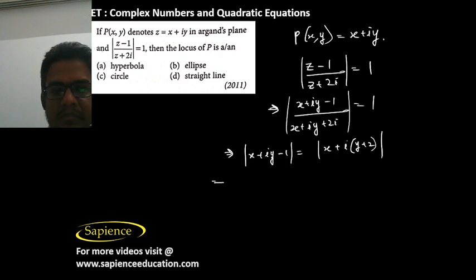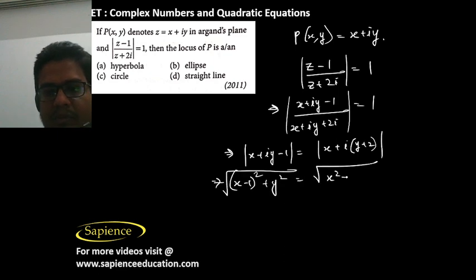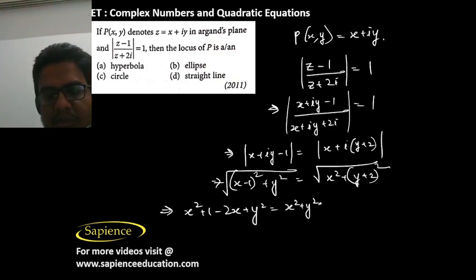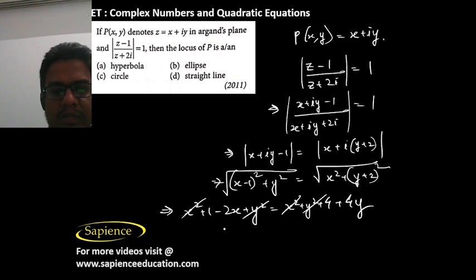So this is (x minus 1) whole square plus y square under root, equal to the square root of x square plus (y plus 2) whole square. If we take square on both sides, this will be x square plus 1 minus 2x plus y square, equal to x square plus y square plus 4 plus 4y. Now x square plus y square will cancel.